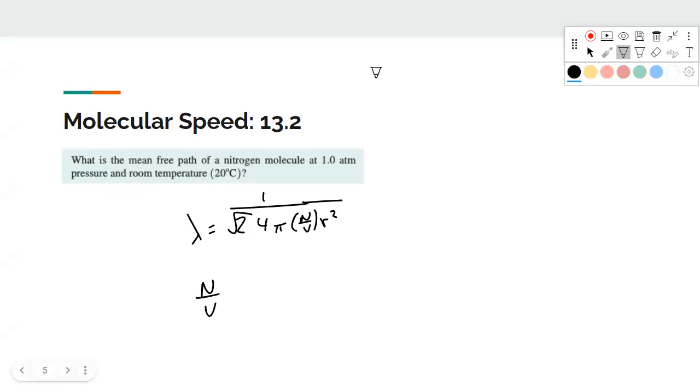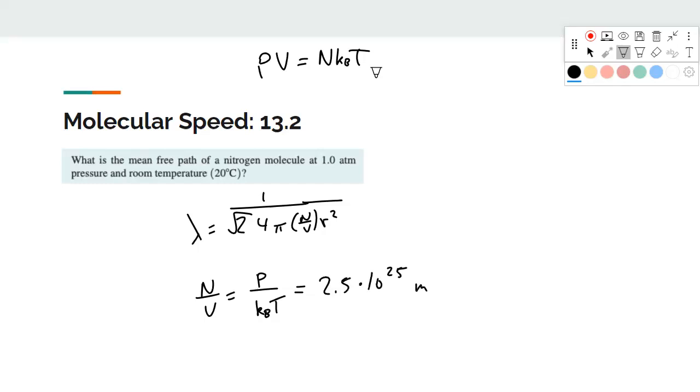What you need to do first is solve for N over V. If we have PV equals N k_B T, then N over V is going to be P over k_B T. And that will be some number. One second, and I can tell you what that number is. Okay, 2.5 times 10 to the 25 per cubic meter.